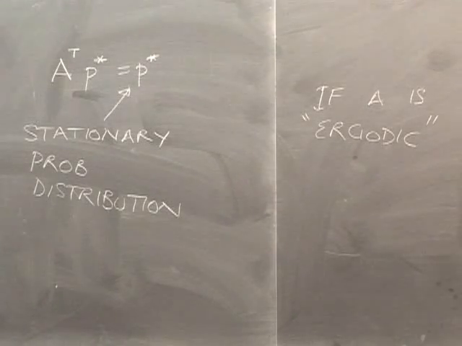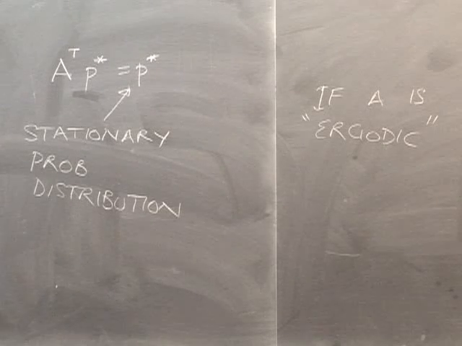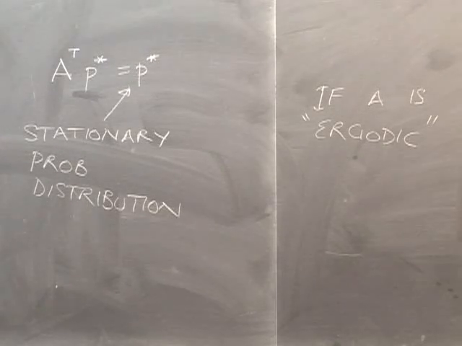So a lot of queuing theory is based on first showing that A is ergodic, and second, if it's ergodic, what is the stationary probability distribution? If you have a stationary probability distribution, the intuitive feeling is that if I sample the state of the system a few times, I'm basically computing the stationary probability distribution.